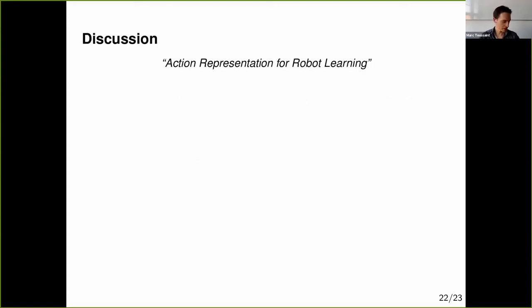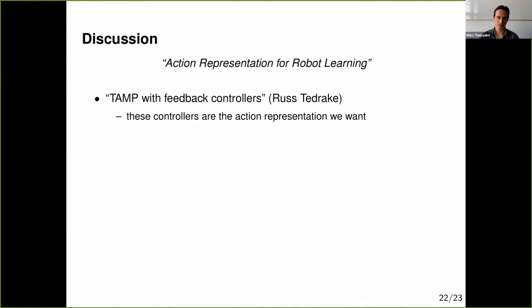Let me come to the discussion, just 1 minute. The title of this workshop is Action Representation for Robot Learning, which is a super interesting topic, of course. From the perspective of sequential manipulation planning and TAMP, task and motion planning, the question is what we believe about how we should represent actions for robot learning.